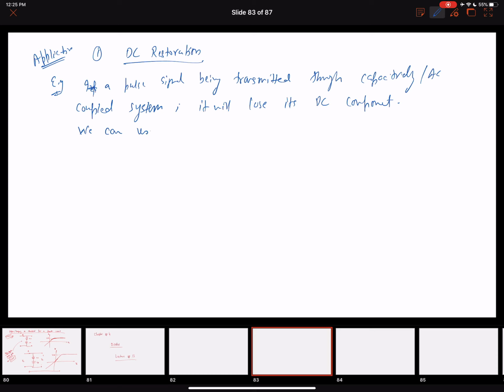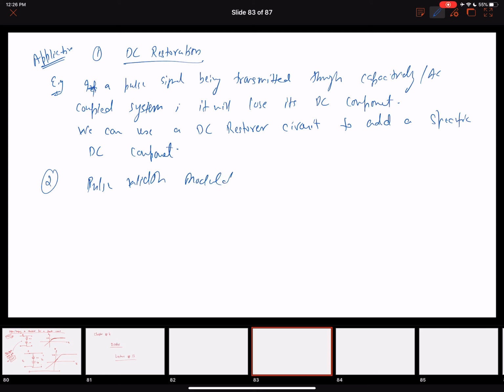We can use a DC restorer circuit to add a specific DC component, right? So for example, this could be one of the applications, and second could be in pulse width modulation applications.